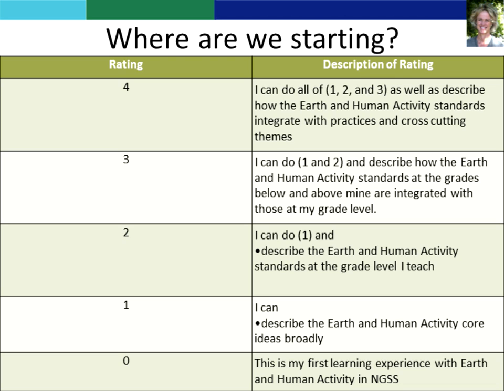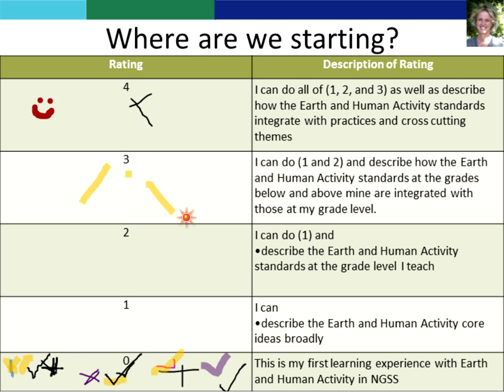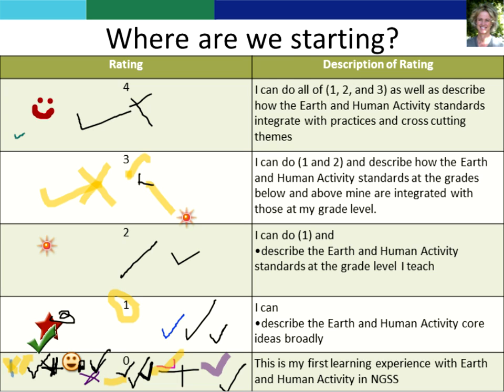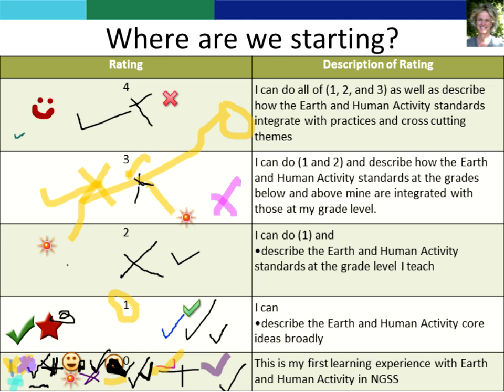If you know what the ideas are, you know where they are, you can describe them for your grade, you can describe the ideas at grades above and below yours, and you know how practices and cross-cutting themes are integrated across those ideas, then you're at a 4. And if you have written into this already with your pencil, you can please also write into the chat, give us one idea or some question that you have about these ideas in NGSS, and that'll give us a sense of where we're starting.